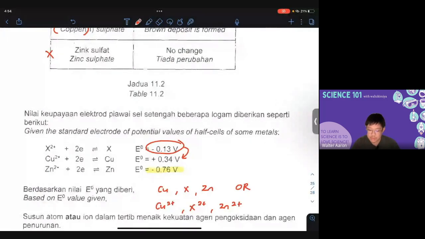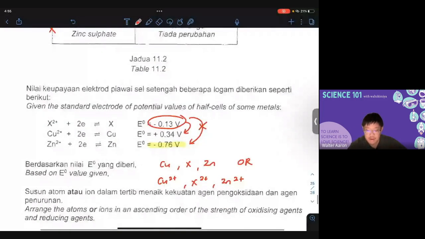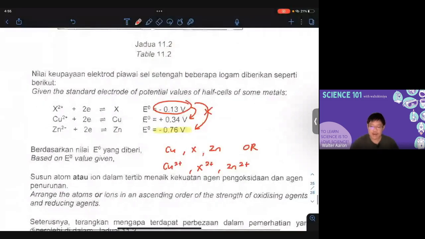But 0.13 is not higher than 0.76. So therefore, it cannot actually displace zinc. So you must explain in terms of the E naught values, the standard electrode potential values.